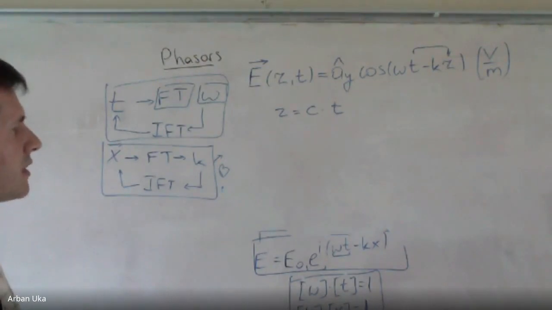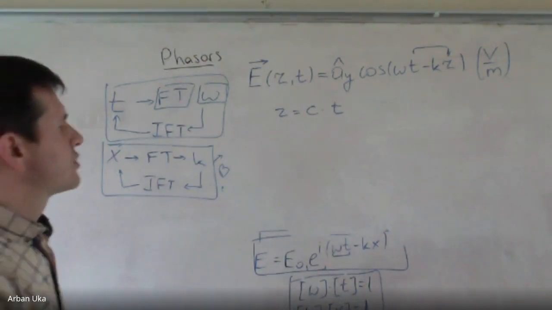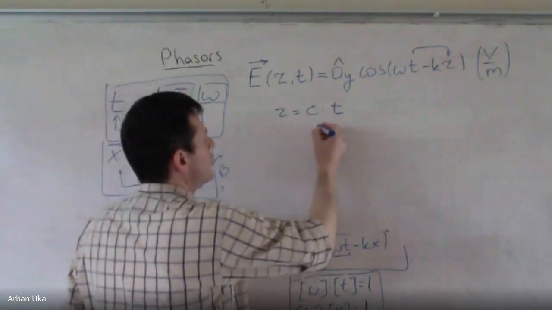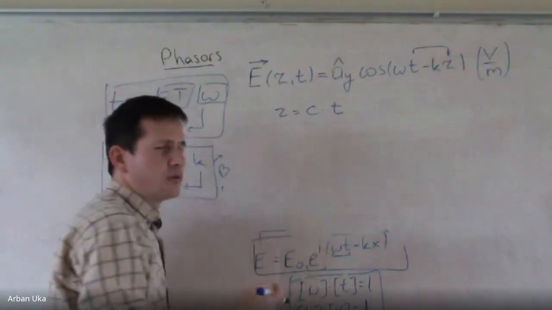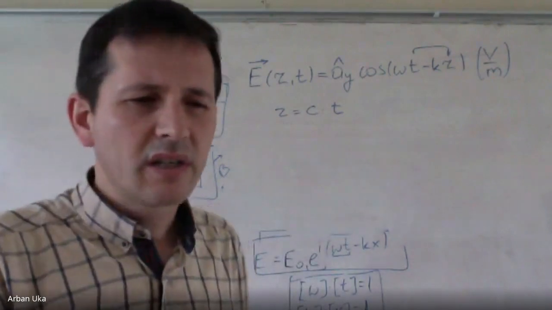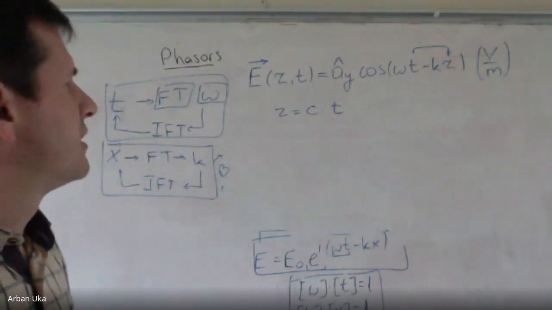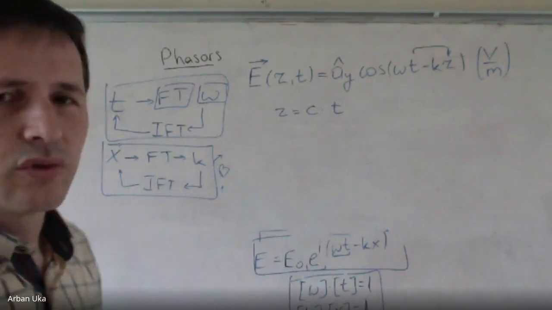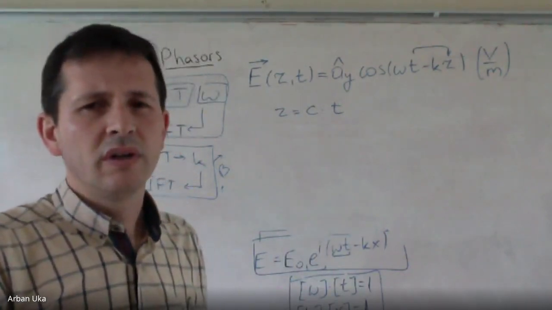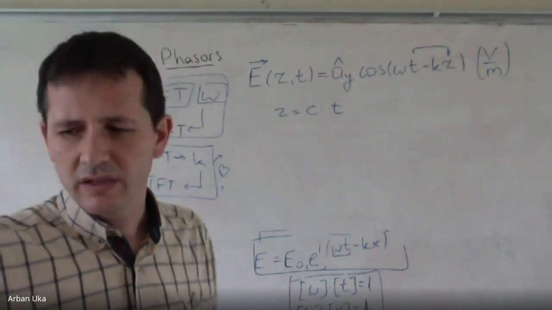Similarly, the omega and k are also related like that. You can do this as an exercise at home: check the unit of omega, and try to deduce a relationship between omega and k.